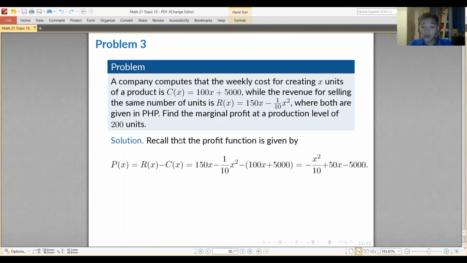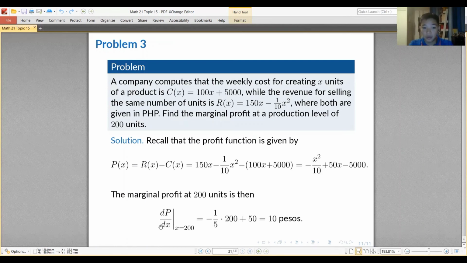And then, of course, in order to find marginal profit, we find the derivative of the profit function. If you get the derivative of P of x, you should get negative x over 5 plus 50. That's what you should get for the marginal profit function.